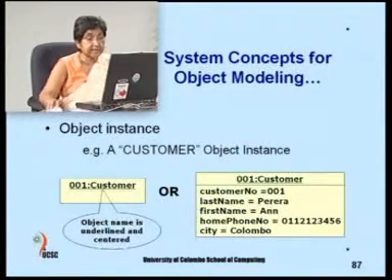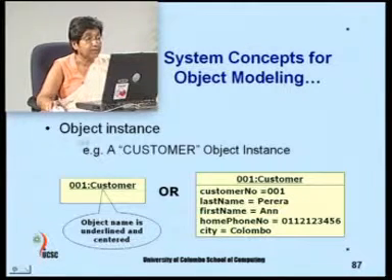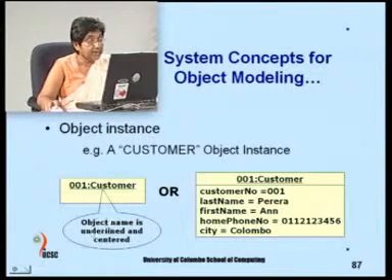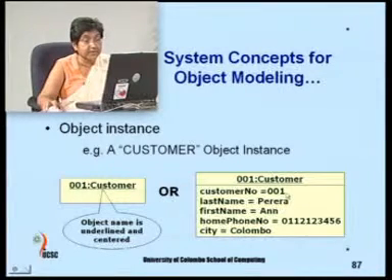So, let us look at it. One object instance, for example, a customer object instance: the object name is underlined and centered. This is the object name, and 001 is the customer number. So, you see the colon and the underlining and all that.